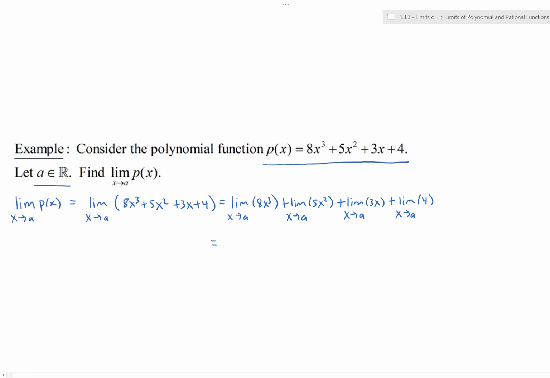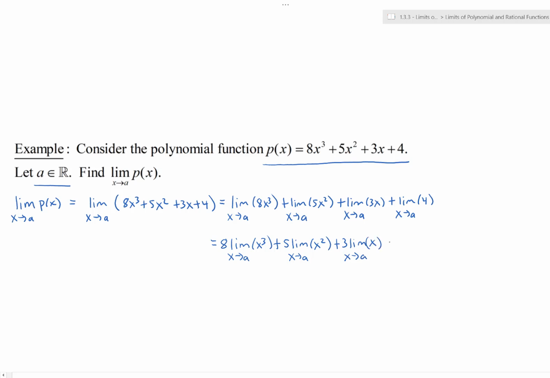We could then take out the constant multiple from each of these as well and get 8 times the limit as x goes to a of x cubed, plus 5 times the limit as x goes to a of x squared, plus 3 times the limit as x goes to a of x.